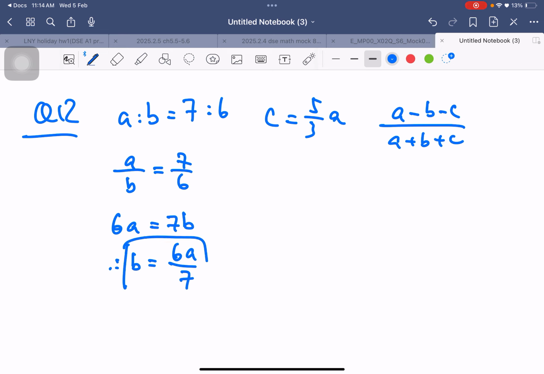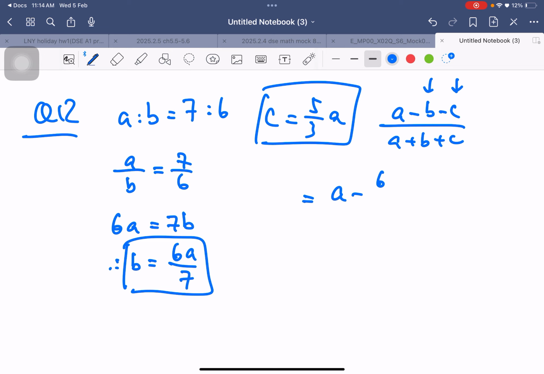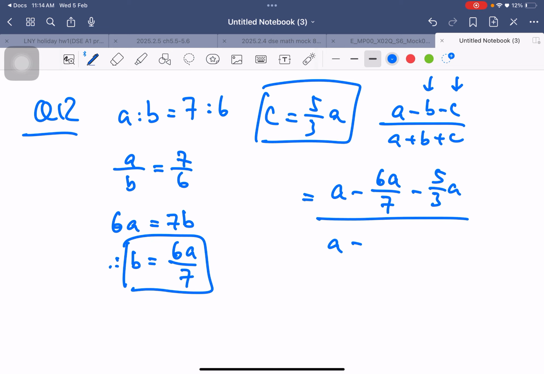So now we have B and C here, isn't it? So we can change both B and C to A. So this is equal to A minus B, which is 6A over 7, minus 5 over 3 A, divided by A plus 6A over 7 plus 5A over 3.